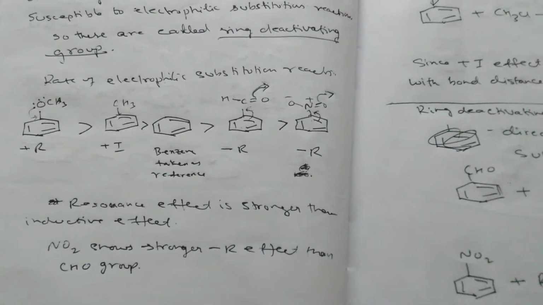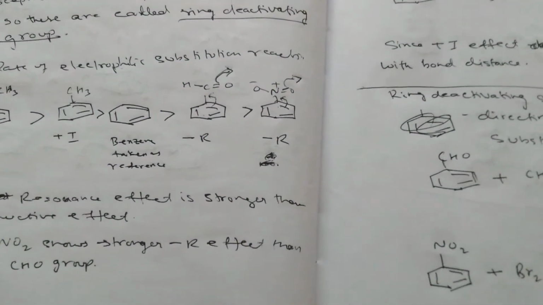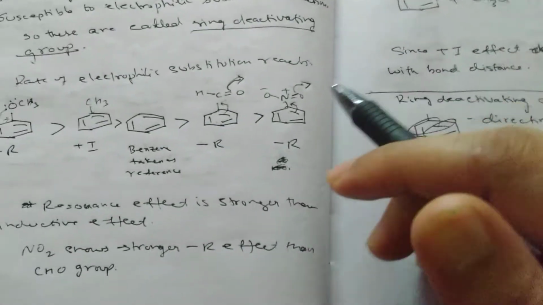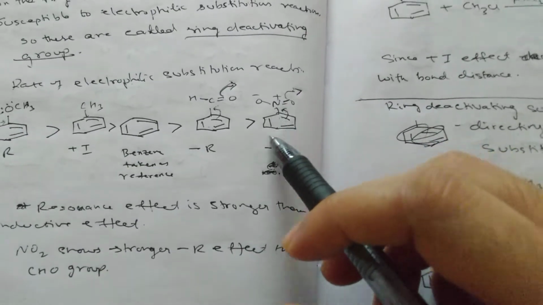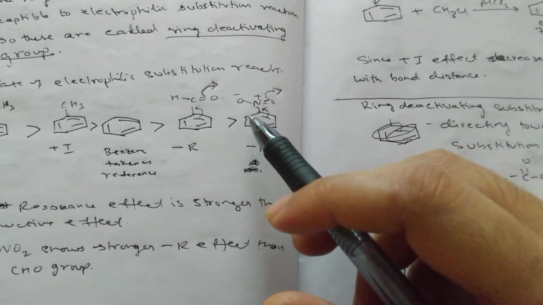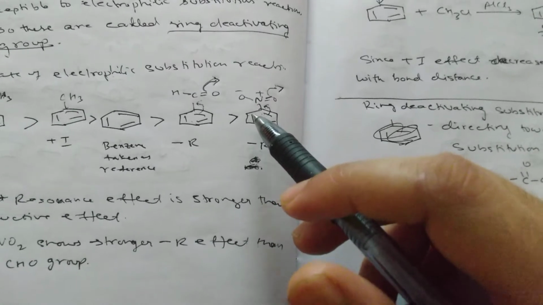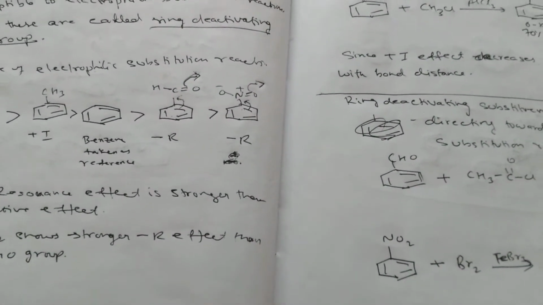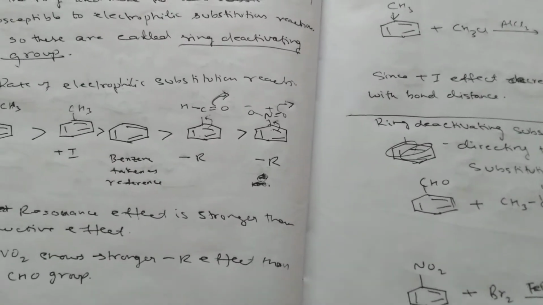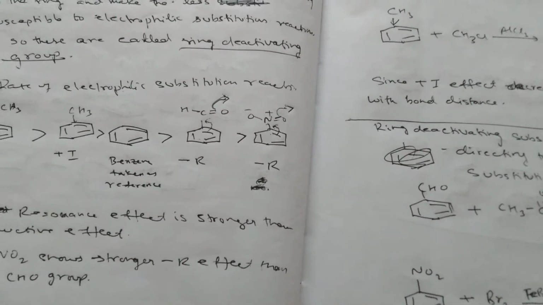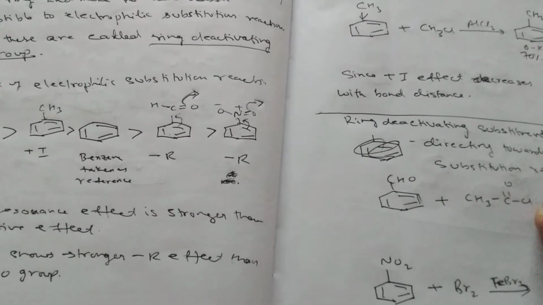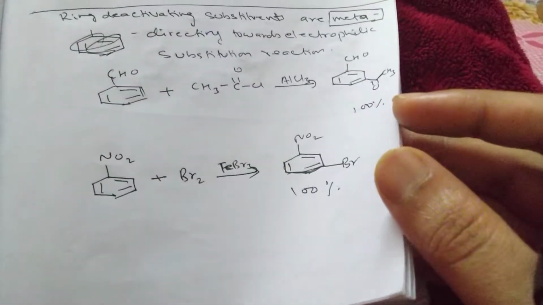Ring activating group is always ortho and para directing, and when you have ring withdrawing, electron withdrawing group, they are ring deactivating group, and they are only and only meta directing, right? Whenever you have electron withdrawing group, it can be either through minus R or minus I effect, but either way it will be only meta directing. That's what we saw.